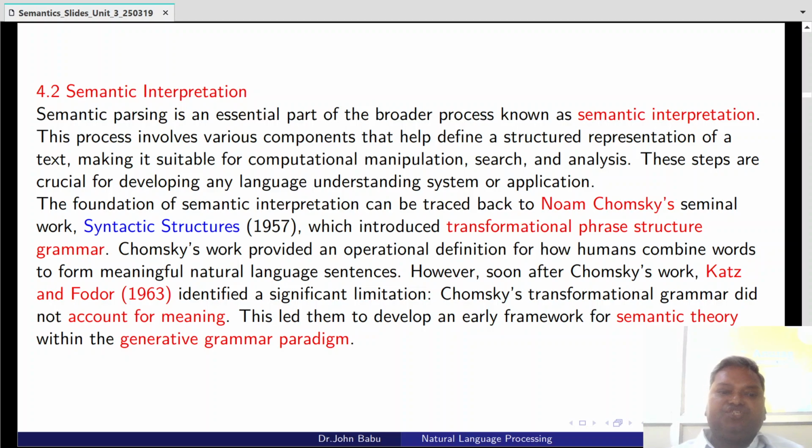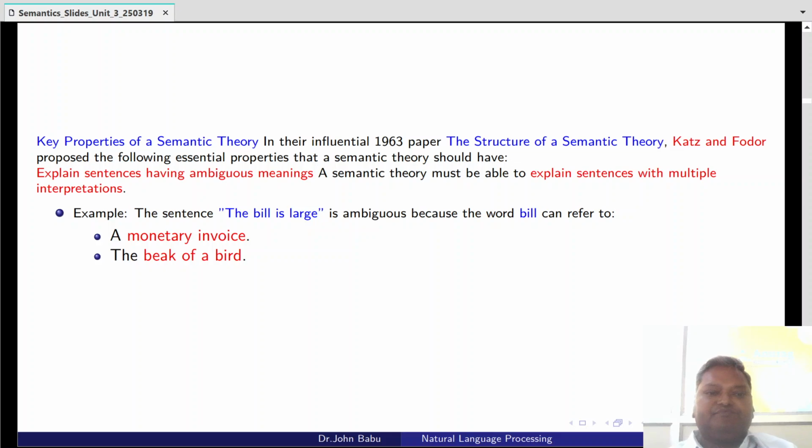So, in 1963, Katz and Fodor identified this limitation, that Chomsky didn't consider the meaning. So they proposed a semantic theory within this grammar paradigm. The semantic theory was proposed in 1963 in a paper by Katz and Fodor, titled Structure of a Semantic Theory.